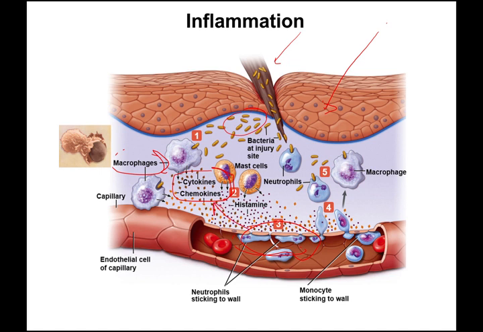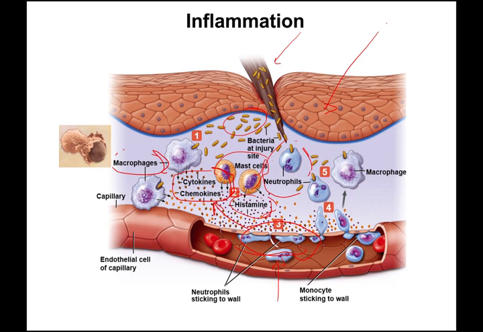This is helped by mast cells and basophils as well, which release histamine and other molecules that cause blood vessels to become more leaky. Cytokines do that as well. You have neutrophils, which go there and try to ingest the bacteria as well, and dendritic cells.